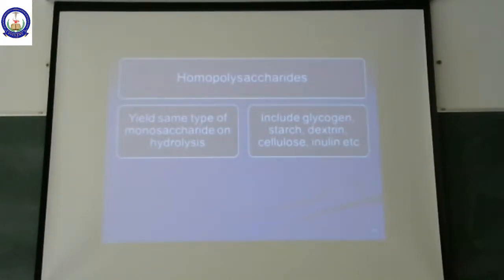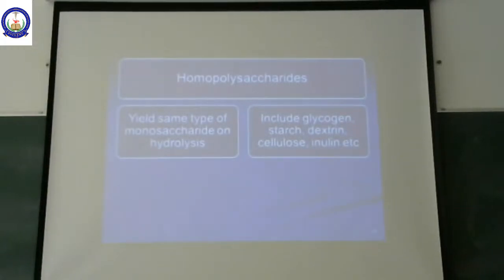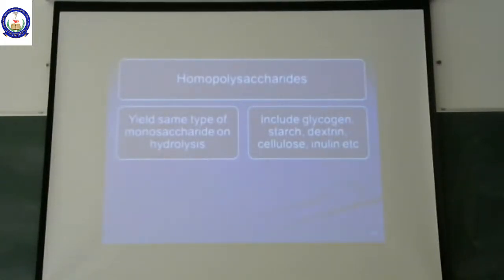When homopolysaccharides undergo hydrolysis, that is, the breakdown of these polysaccharides, they yield the same kind of monosaccharide. For example, glucose is a monosaccharide. If a homopolysaccharide is hydrolyzed, the end product will be the same molecule, so it is called a homopolysaccharide.